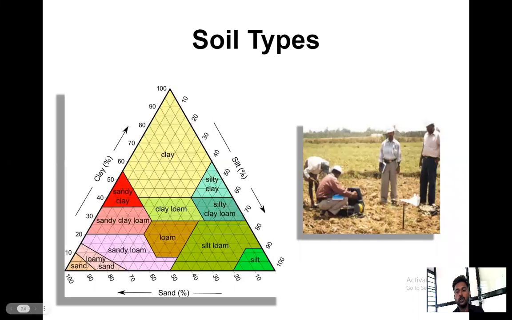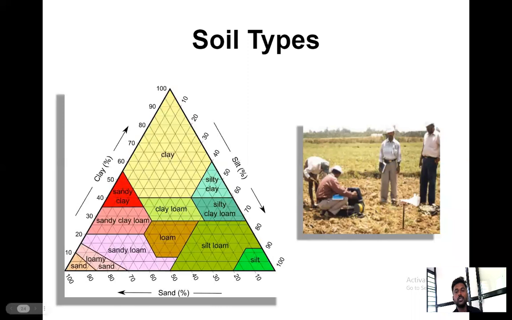Then the soil types are also shown here in the pyramid, like clay, sandy soil, clay loam, silty clay, sandy clay loam, silty clay loam, sandy. Means what? How much percentage of clay is there? How much percentage of silt is there? How much percentage of sand is there in the particular soil?